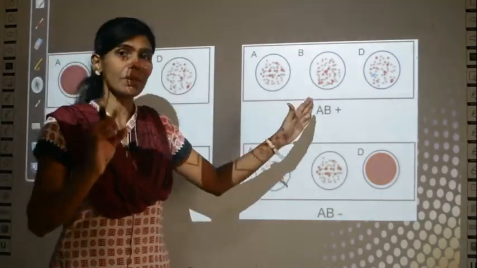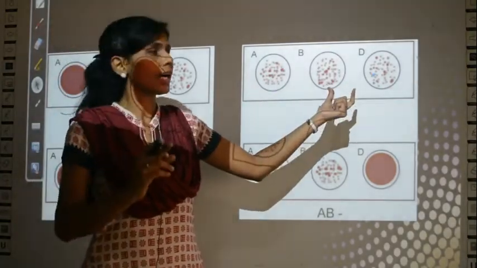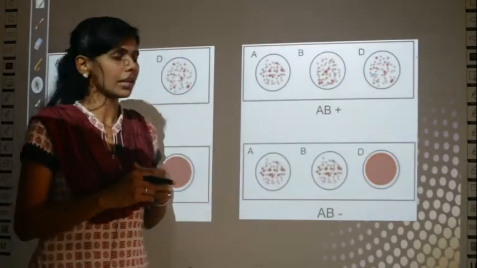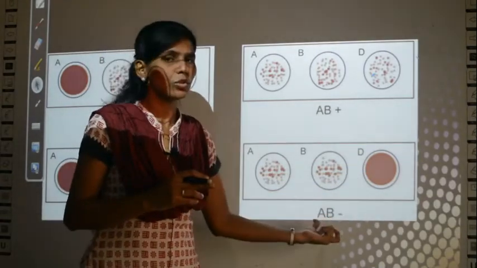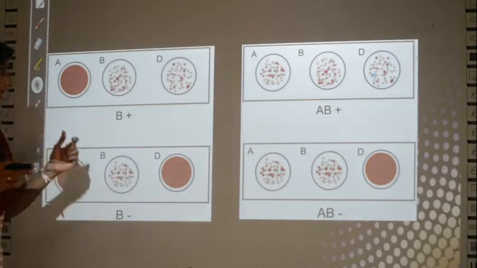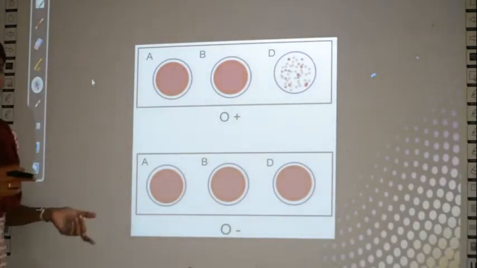So for AB blood group people, both in A and B there will be agglutination. Here if he is positive, D also will show agglutination, and if he is negative for D, his blood group can be declared as AB negative. Do you understand? If you have further doubts, you can ask in the next Zoom session.